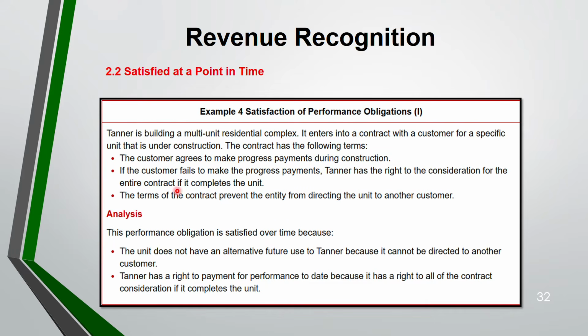So if you see, they have met the condition. This is satisfied over time. Why? No alternative future use. This is the third point, the third criteria. No alternative future use. Okay. Next, Tanner has the right to payment for performance. So these are the two things.